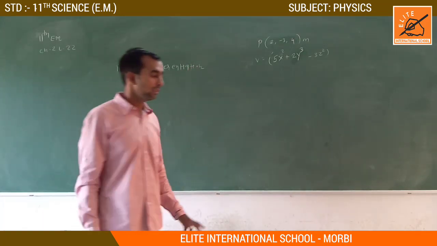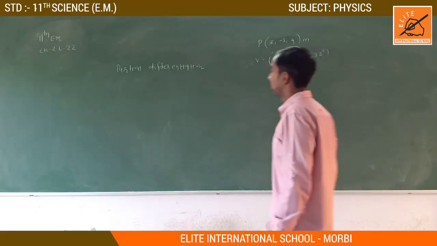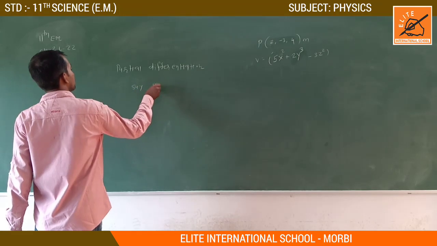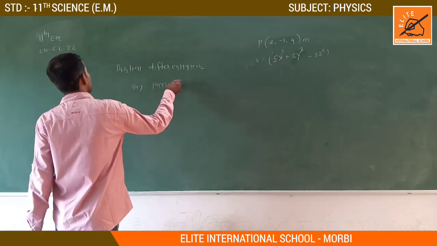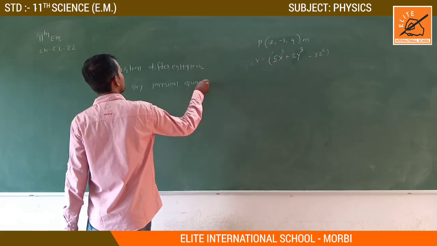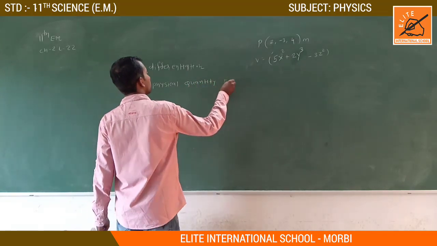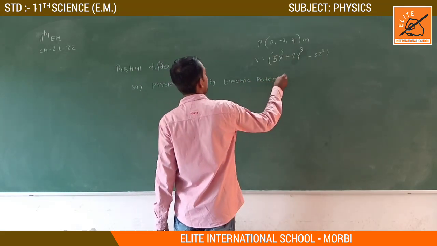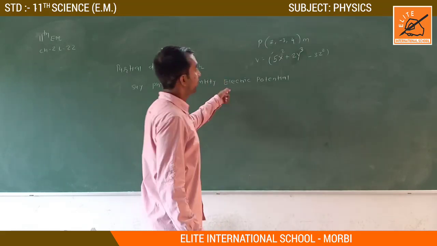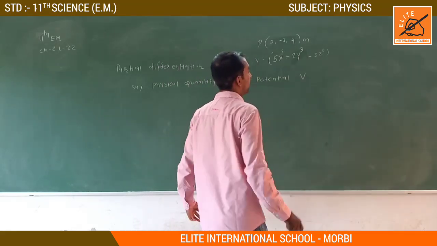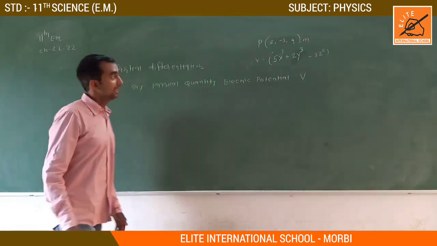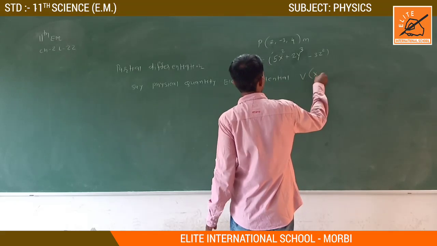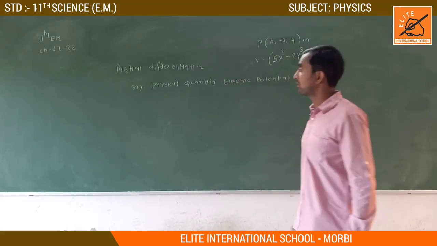Partial differentiation means what? Say physical quantity, anything. Electric potential is represented by what? V. And if this example is taken, then V is in the form of x, y and z.